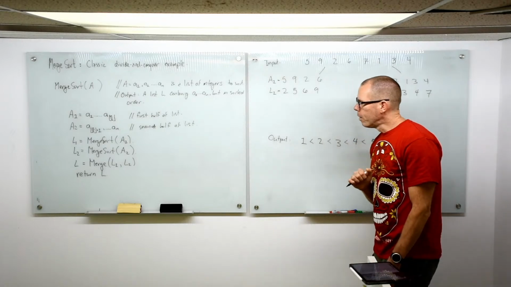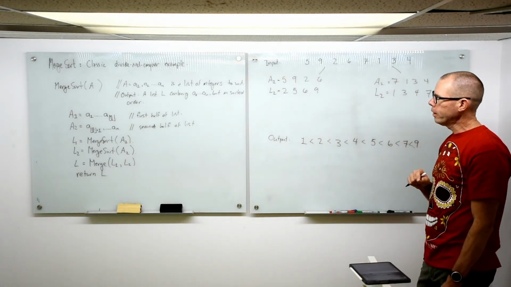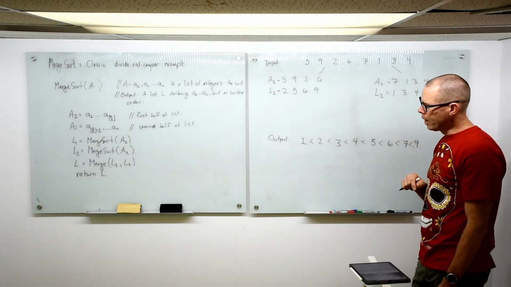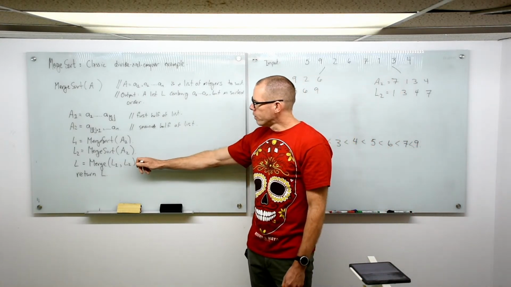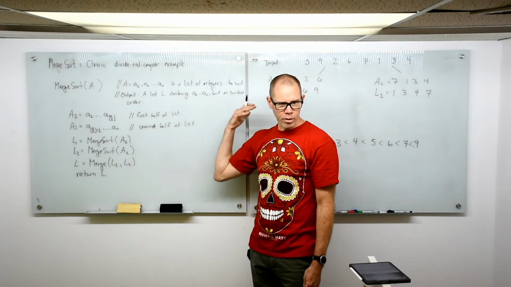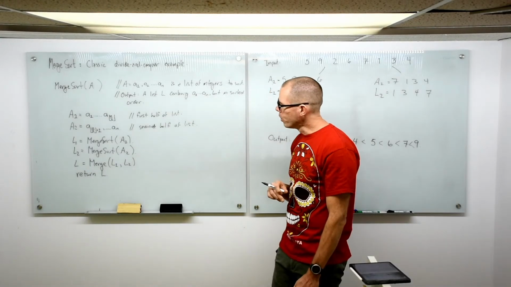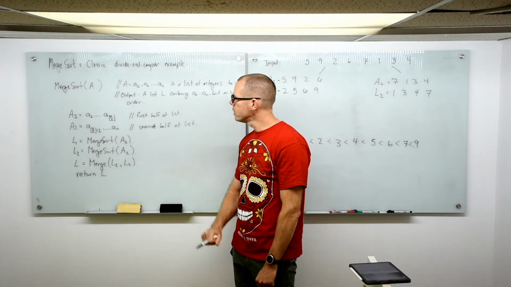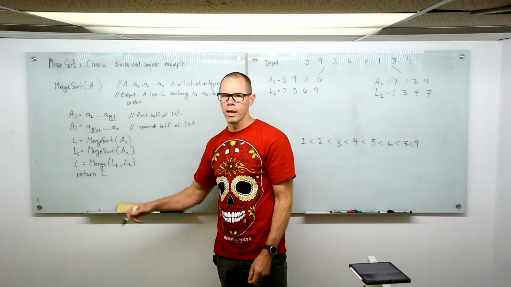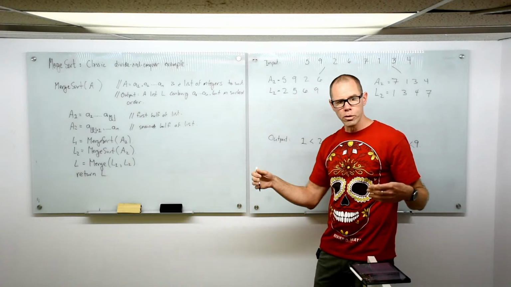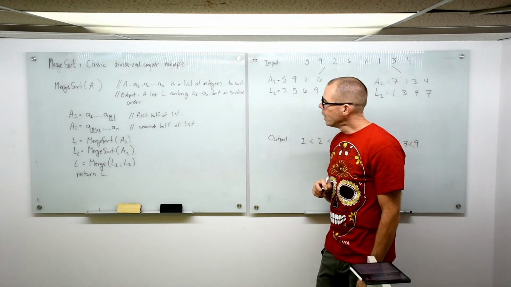So a couple of things missing so far. One of these is obvious. There's a function called merge here, which I haven't defined yet, which is supposed to take two sorted lists, L1 and L2, and return a list containing all the elements of L1 and L2, but in sorted order.